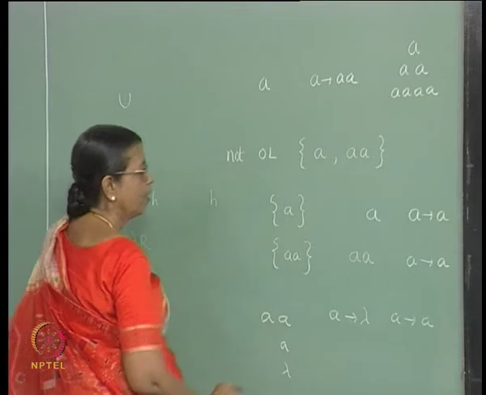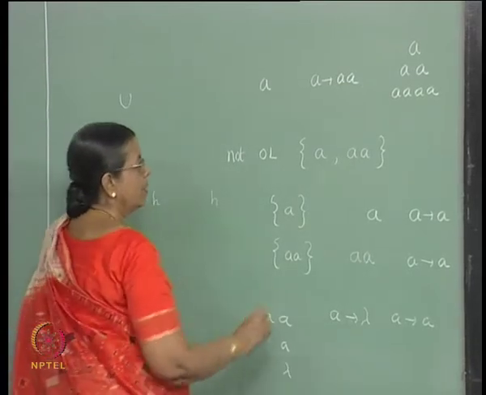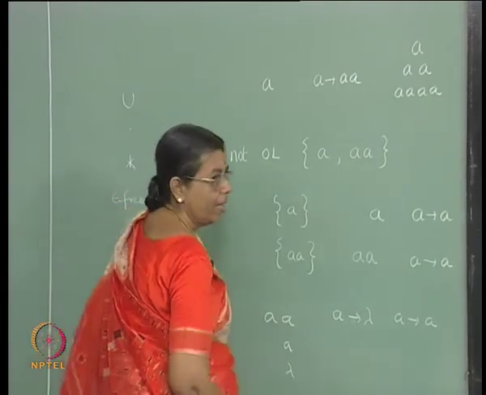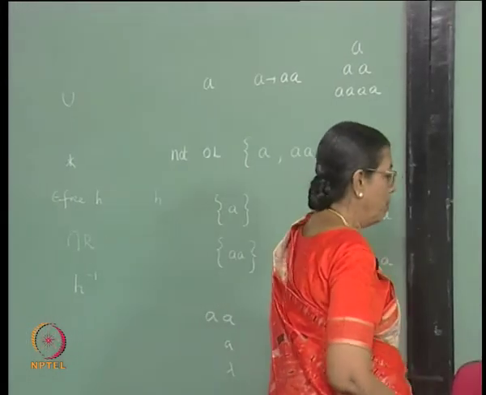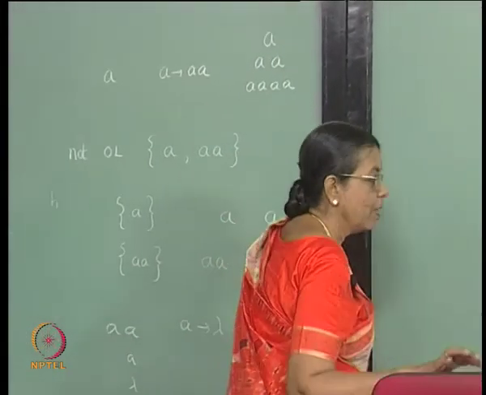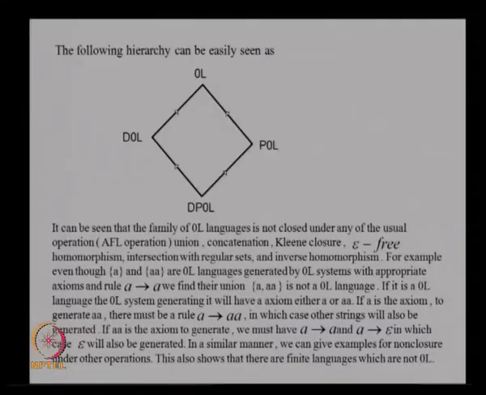So, this way also it is not possible, and so this is not a 0L language. Similarly, you can prove that the family is not closed under any of the other operations as well. So, it is called an anti-AFL. This was the interest from the formal language theory point of view.